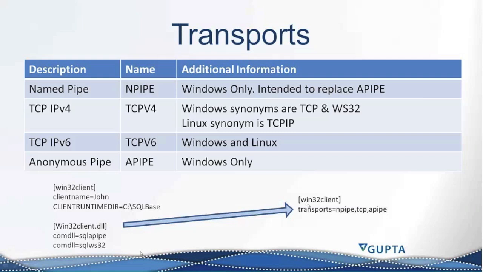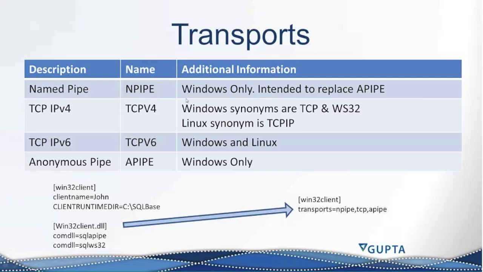But the new way would be in the Win32 client section to just specify which transports you want to try in the order that you want to try them in. So we have Namepipes, we have TCP IPv4, SQLBase 11.7 now supports TCP IPv6, and we still support anonymous pipes.